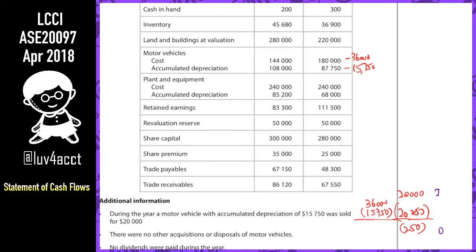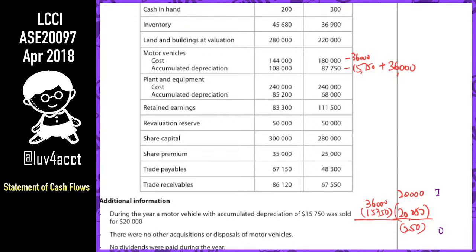That means the remaining item would be for depreciation, 87750 minus this one, and then the difference will be 36,000 again. Let me check again. 105750 plus 36,000. Yes. Depreciation.